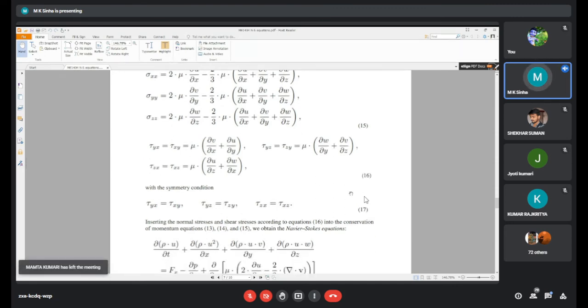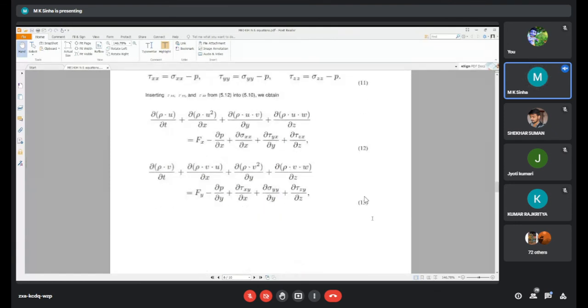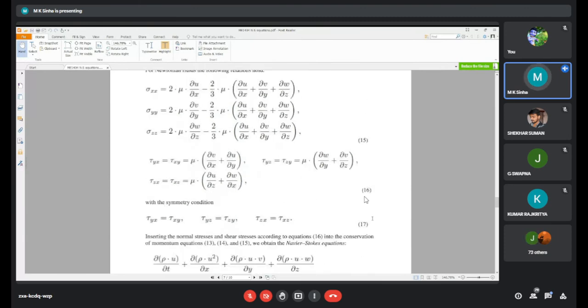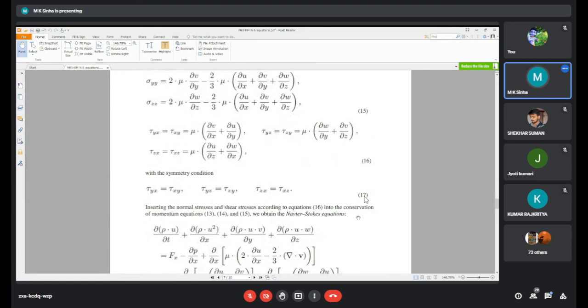So inserting the normal stresses and shear stresses, sigma xx, sigma xy, according to the Rayleigh equation 16 into the conservation of momentum equations 13, 14, 15, where 13 is along the x-axis, 14 along the y-axis, 15 along the z-axis, we are transforming and inserting all these shear stress values in terms of the velocity and its derivatives.